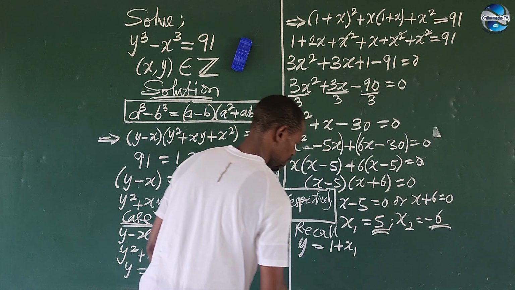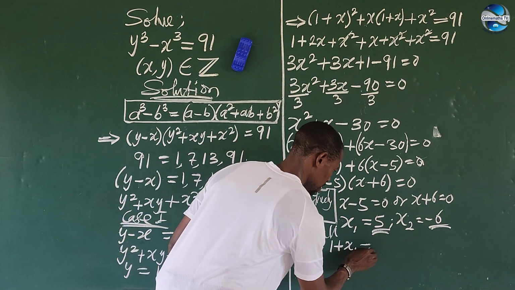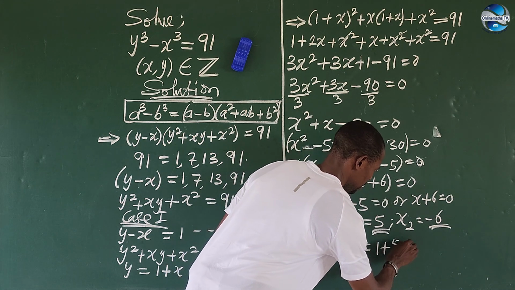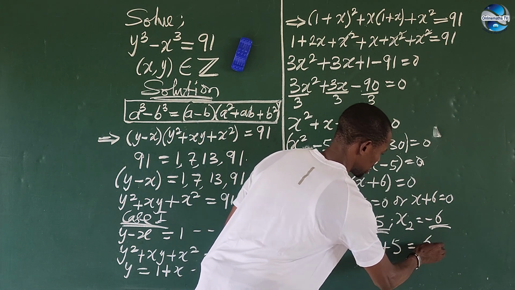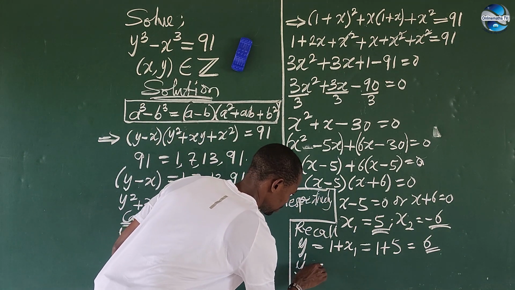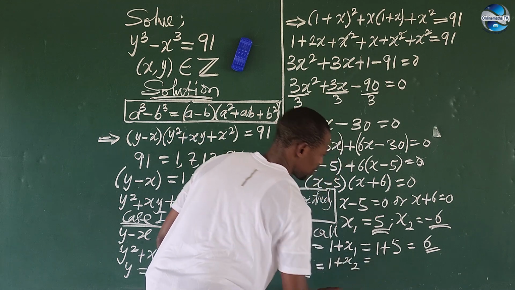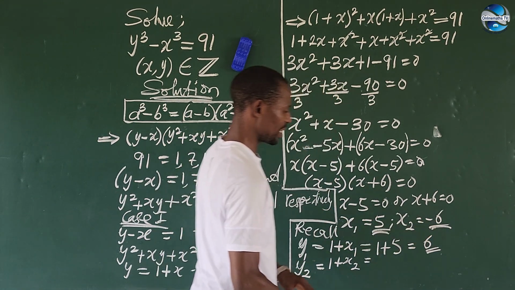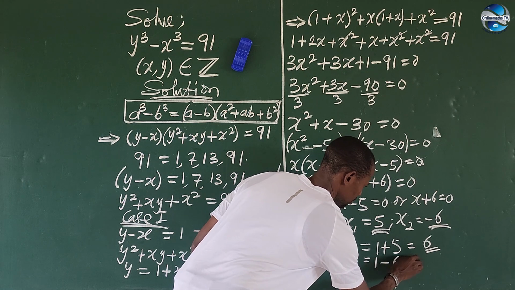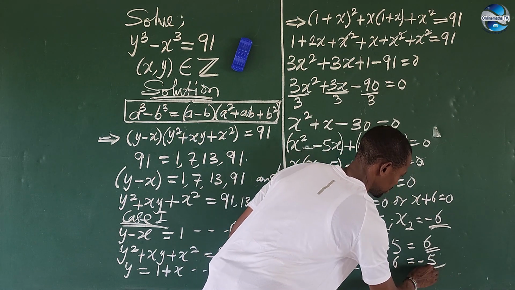So x1 is 5, take y1. So this is equal to 1 plus 5, and 1 plus 5 will give us 6. So that's our y1. And we look for our y2, which is 1 plus x2. What is our x2? It is minus 6. So we have 1 minus 6, which is equal to minus 5.